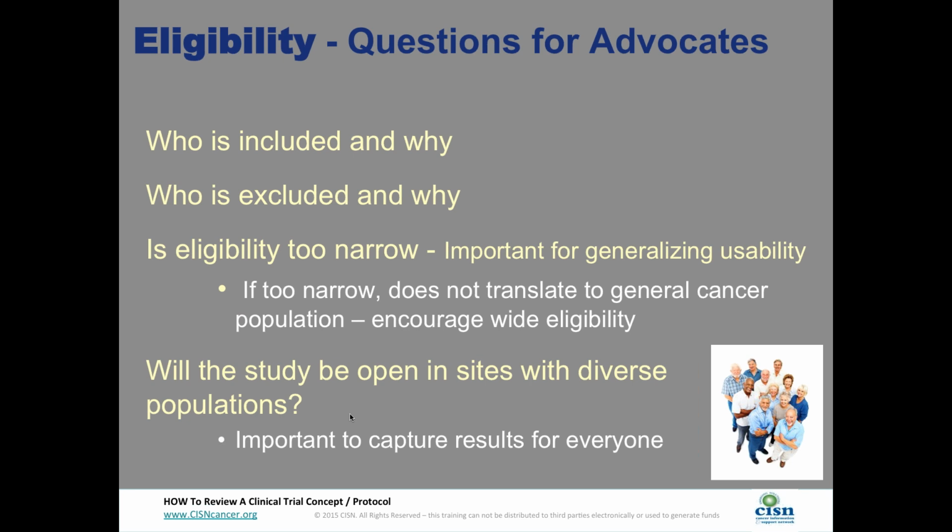So the thinking in the last 5 to 10 years has been stretch that eligibility, get it wider, almost as wide as you can. So if you're looking at an eligibility and you think, gee, why can't this group be in it or that group? Raise those questions.